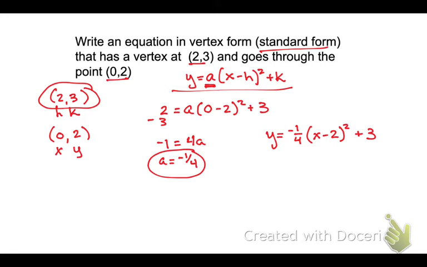We plugged in H, K, X, Y, solved for A, and then plugged it back in, didn't we? Too bad we don't have like a slope intercept form, like a point slope form that we could do this in. Does that make sense? Because A is kind of our slope, right?